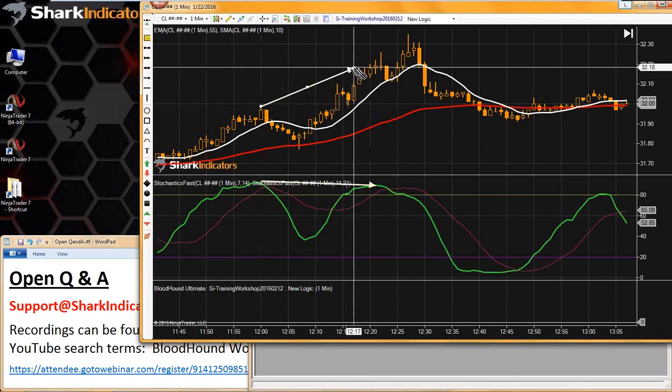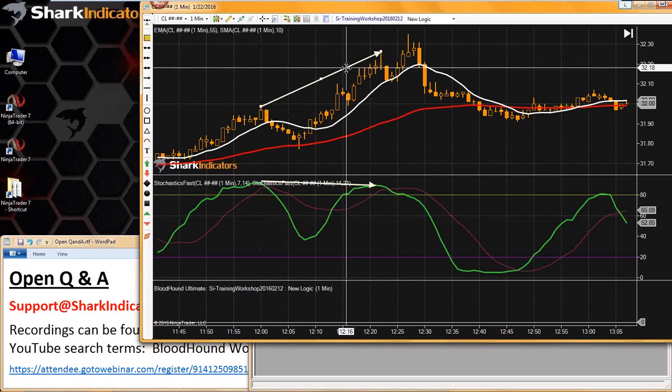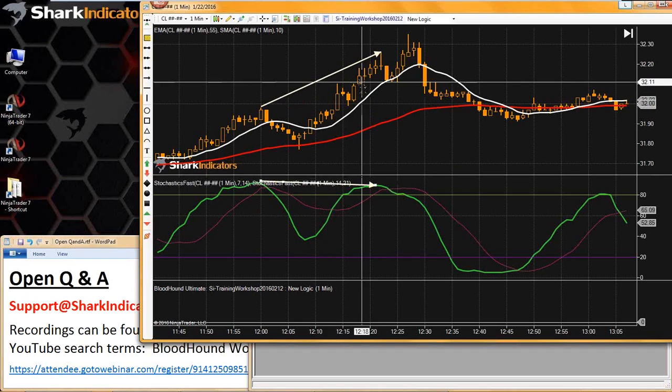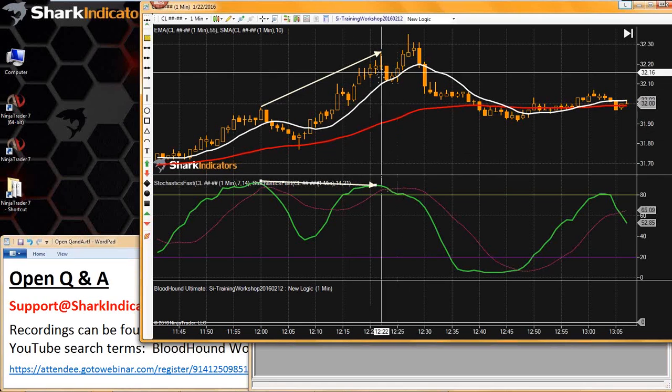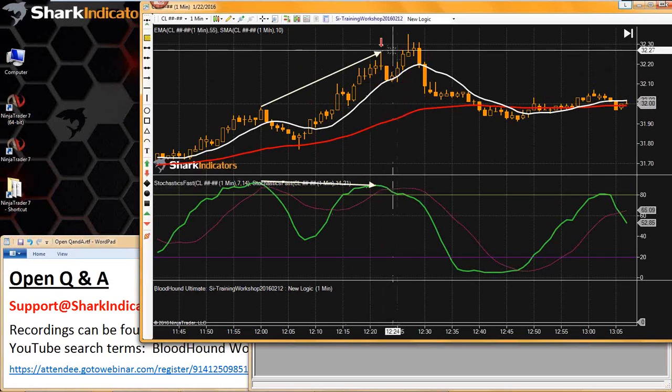If we look at the same points, price moved higher, our stochastics moved lower, so we have a technical divergence set up here. Let's say this would be considered a short divergence.